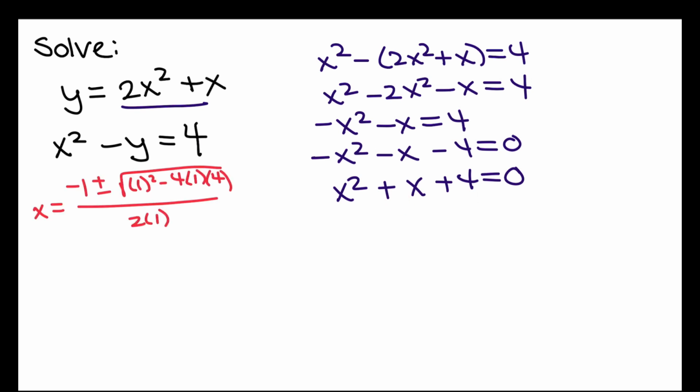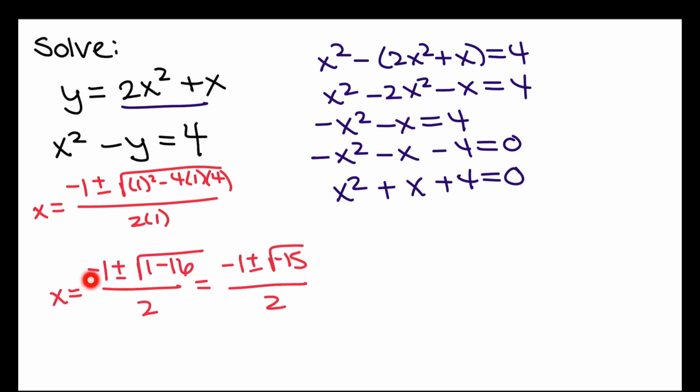So I'll use the quadratic formula. x is negative b plus or minus the square root of b squared minus 4 times a times c, all over 2 times a. That becomes negative 1 plus or minus the square root of 1 minus 16, over 2, or negative 1 plus or minus root negative 15 over 2.